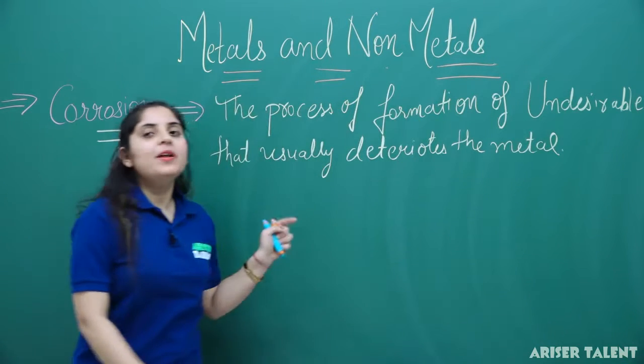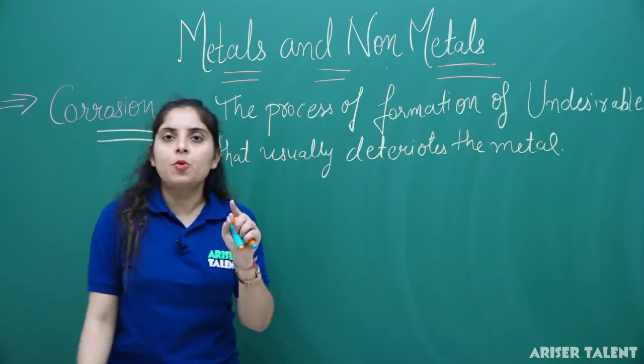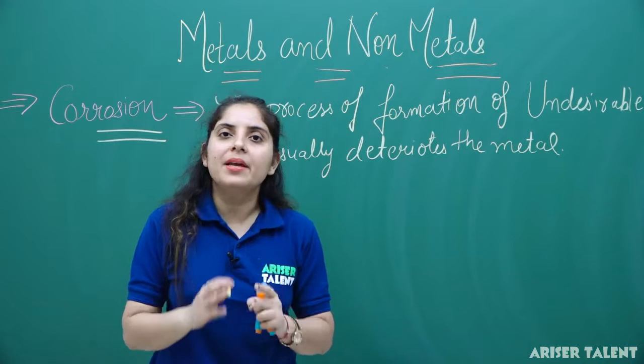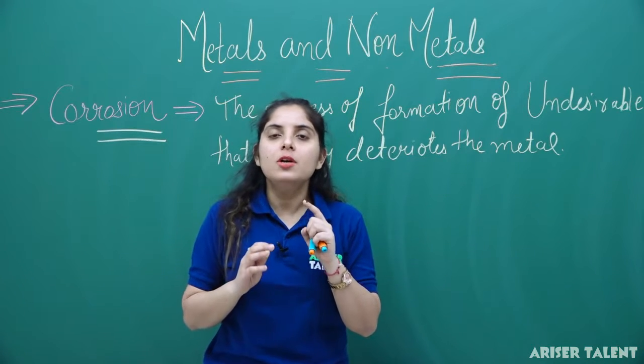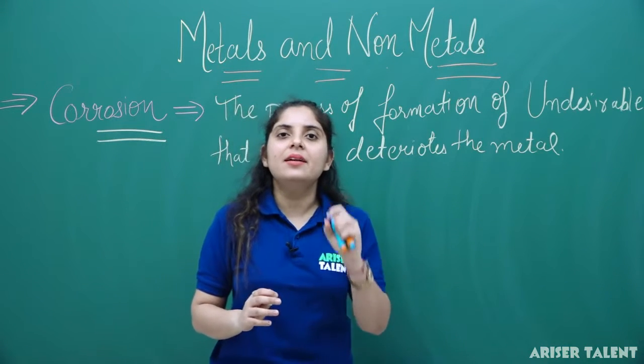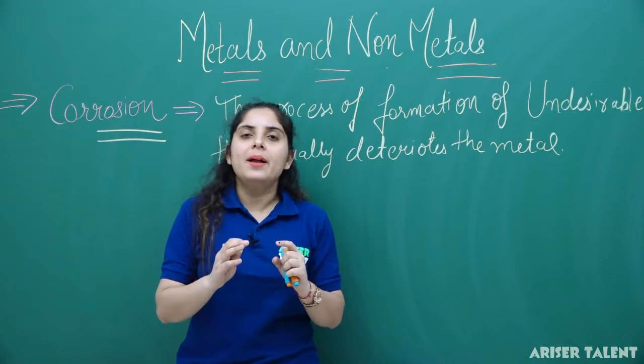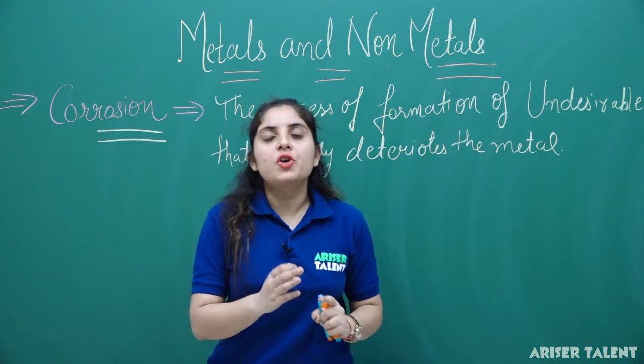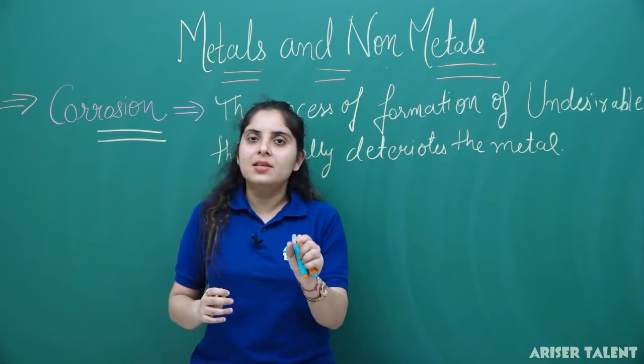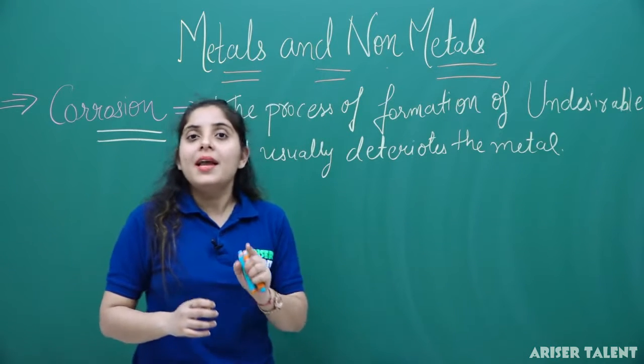The metal will lose its properties and the complete chemical composition of that substance will change. So what are the basic conditions for the corrosion of any metal? Air, that is moisture, or water is a compulsory factor required for the corrosion of any substance.